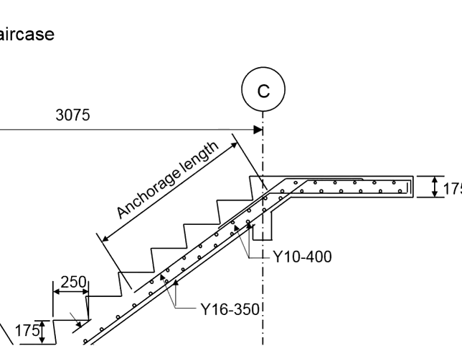Next, we talk about the arrangements of the reinforcement. Let us zoom in a bit to see the reinforcement at the joint of the horizontal landing and the inclined flights.